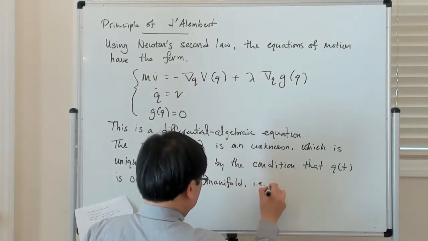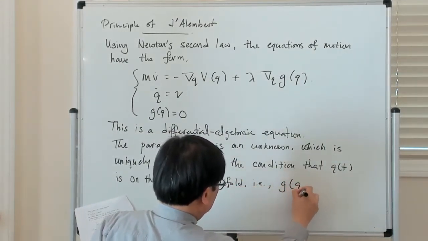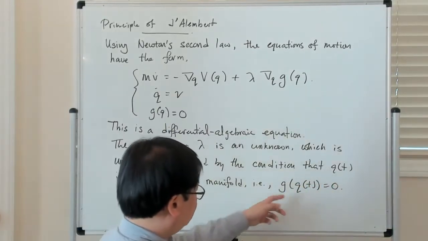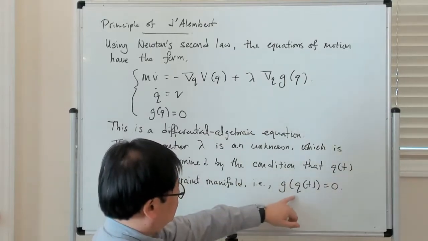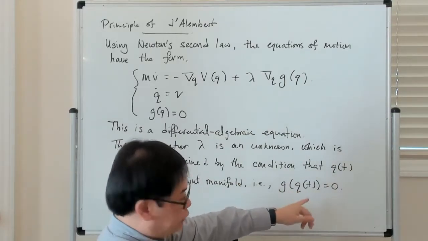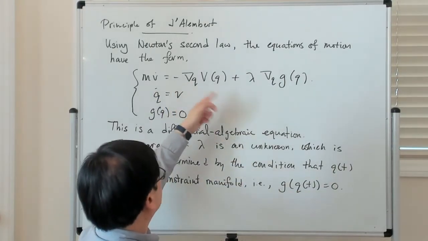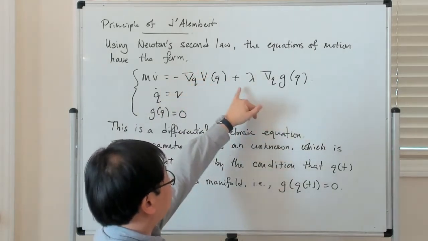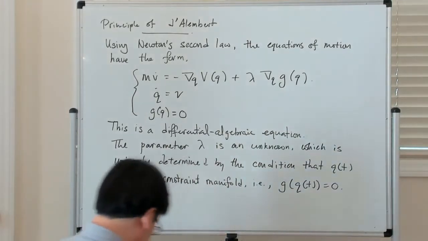So that basically means that g evaluated at q of t is equal to 0. And if you imagine differentiating this, you would get derivatives of q as well, which you can then use the differential equations to try to eliminate the lambda in principle.